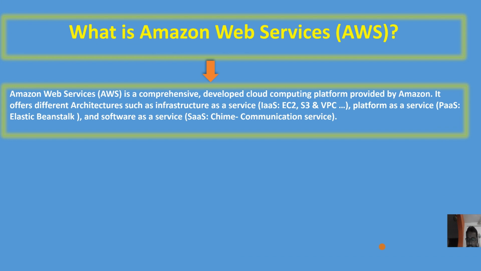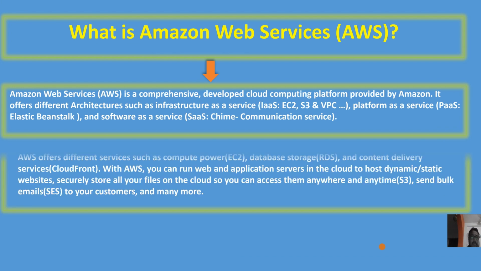Next, about AWS: it offers different kinds of computing services like EC2, and different kinds of storage, like RDS, which is database storage. There are many other databases too, like MySQL and Postgres, which you can use in RDS. Then one more interesting service is the content delivery service, CloudFront. With AWS you can run an API or app server, or deploy a static or dynamic website.